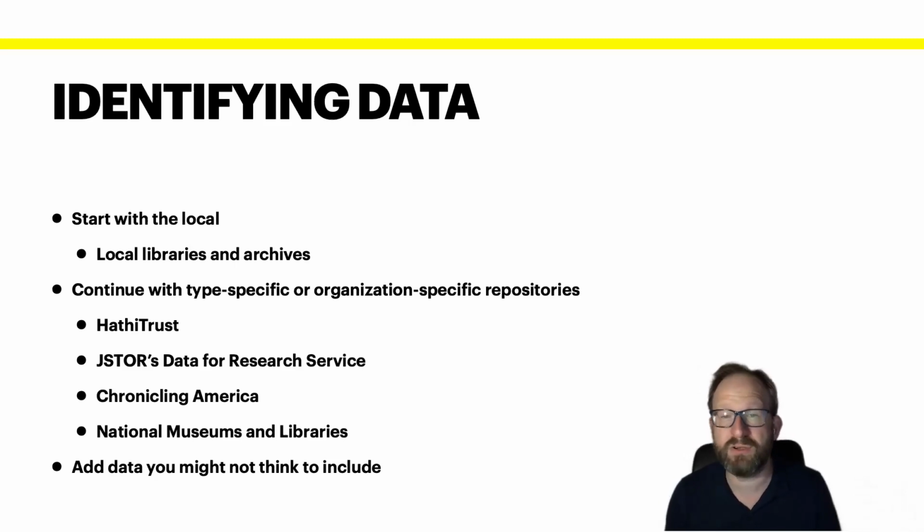If, for example, you're interested in creating three-dimensional simulations of Pontiac's War, which is a 1763 war between British troops and American Indians of the Great Lakes region, you would likely want to start with the local and state libraries and archives in Ohio, Indiana, Illinois, Pennsylvania, and New York to see if they have digitized any materials they have about the war.